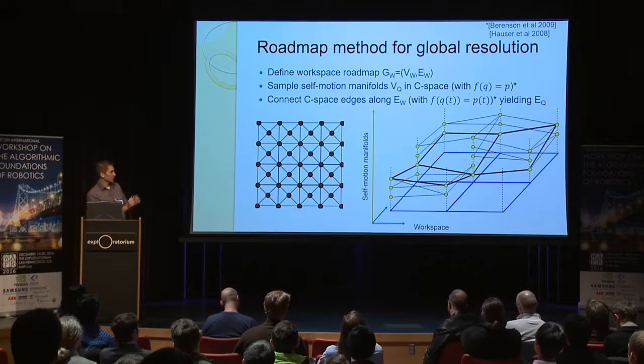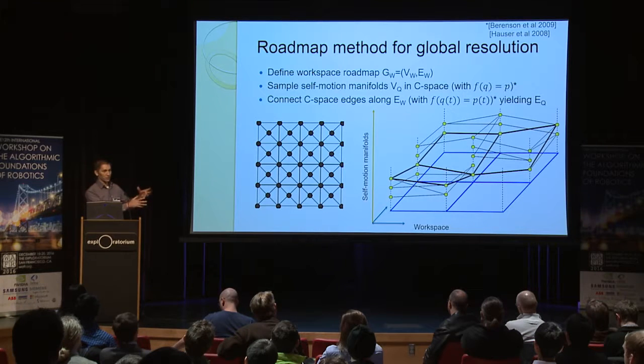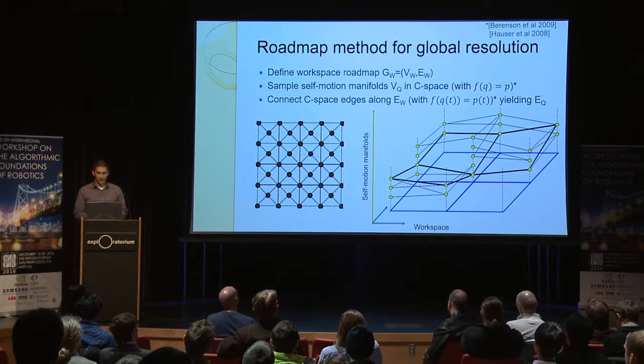I then connect each of the configuration space edges and try to figure out whether there's a feasible path between those using some local planner. If there exists one, then I add it to a configuration space roadmap, and basically we have this roadmap in configuration space connecting many points arranged on this workspace grid.